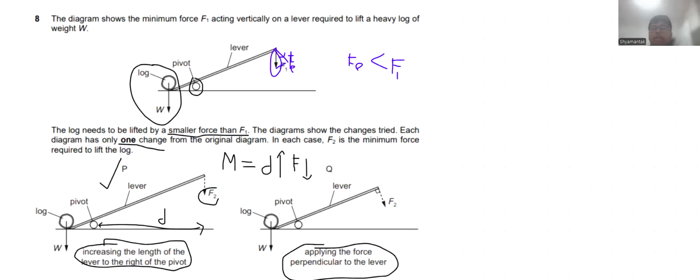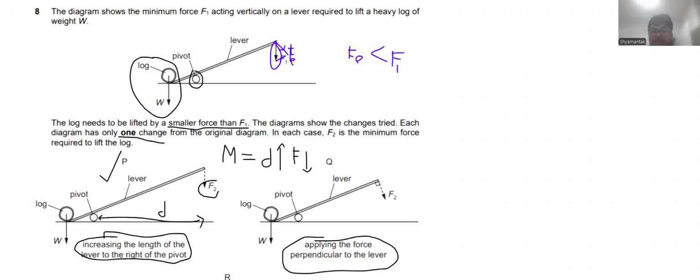So only a perpendicular force of FE is required to make the object rotate by this amount. So as FE is smaller than F1, the perpendicular force in this case is F2, and the smallest value F2 can take is FE. So replacing F2, FE with F2, F2 is smaller than F1. So that's yet another tick.